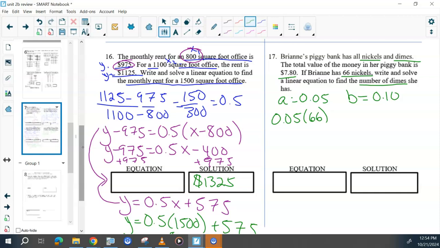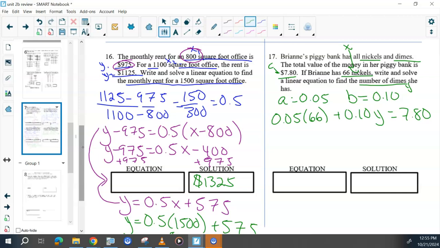That would be my x. And then the number of dimes I don't know, so I'm going to leave that as y. And I know my total is going to be 780. So then I can solve for the missing variable, which in our case is y.